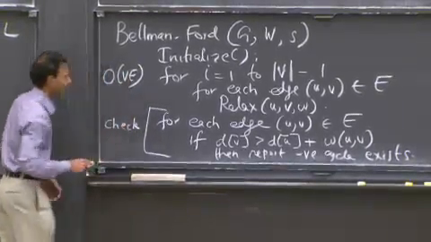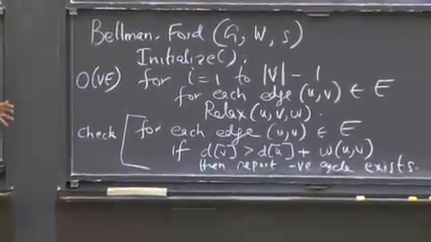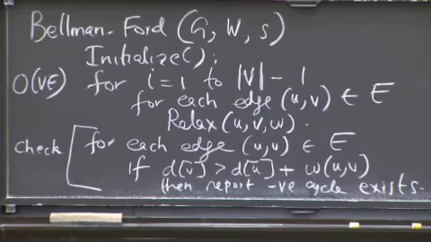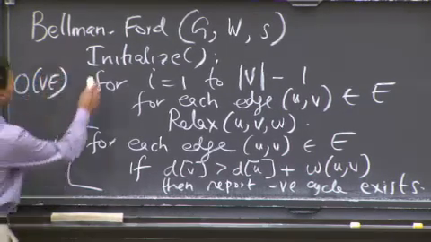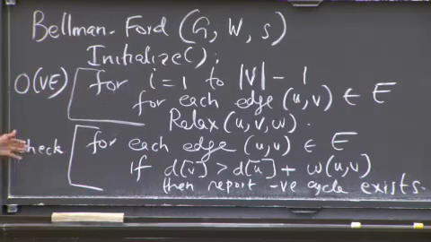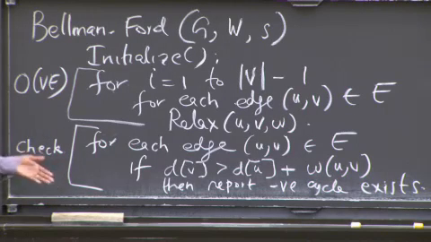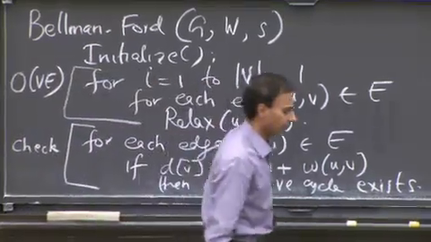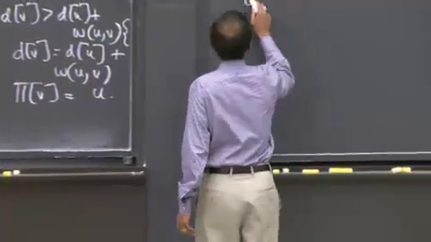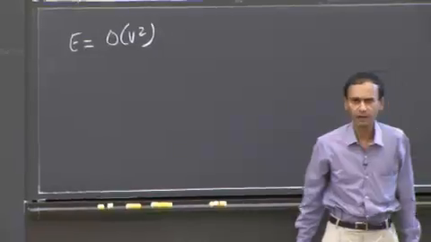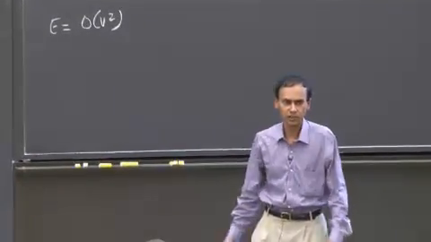It doesn't really matter. You can use an array structure, adjacency lists. It's not like Dijkstra where we had this neat requirement for a priority queue, and there are different ways of implementing the priority queue. This part would be order VE, and that gives you the overall complexity. This part here is only one pass through the edges, so that's order E, like you said. And so the complexity is order VE. And this could be large. As I said before, in the first lecture, E could be order V squared in a simple graph, and so we might end up with a V cubed complexity if you run Bellman-Ford.